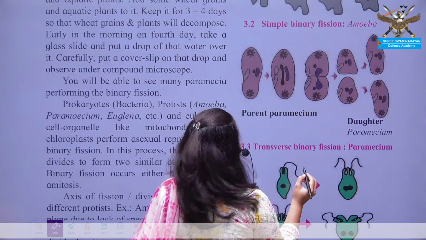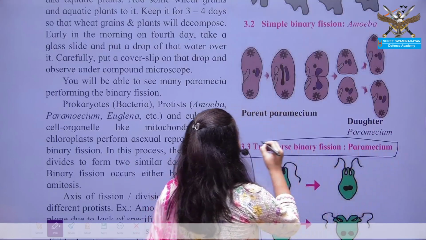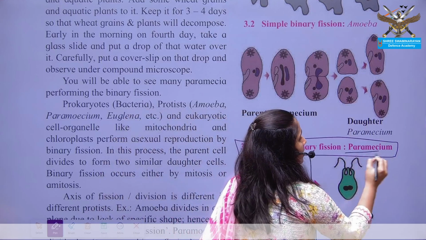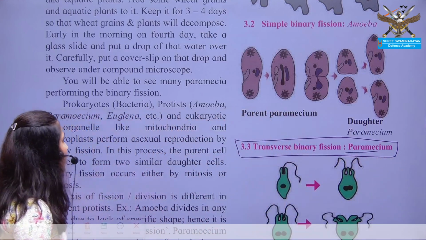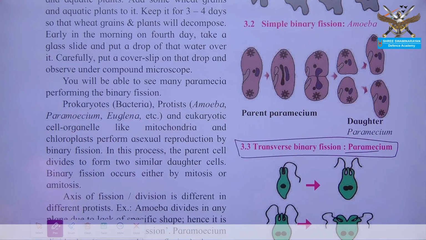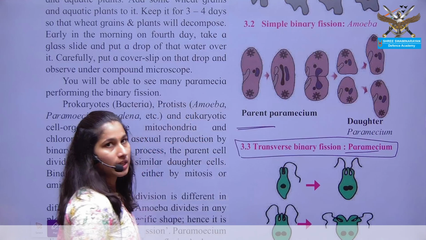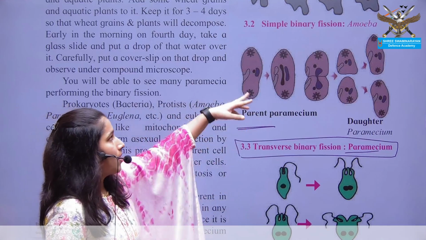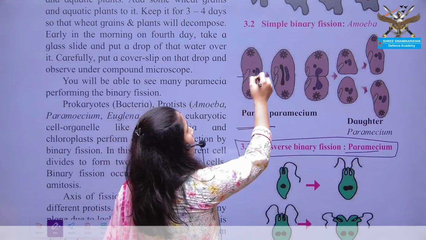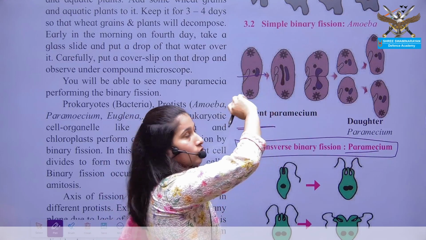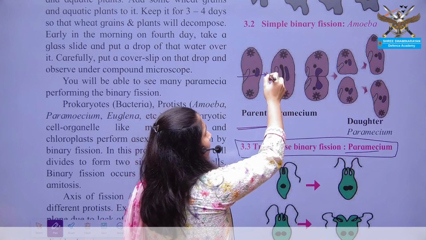Next is transverse binary fission. Which organism is involved in this? Paramecium. In transverse binary fission, paramecium is involved. What happens in paramecium? There is a transverse or horizontal cut in the organism, which divides all its organelles. You can see here the cytopharynx, micro and macronuclei are divided.